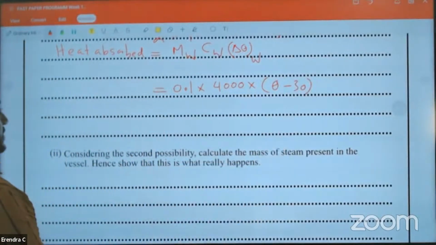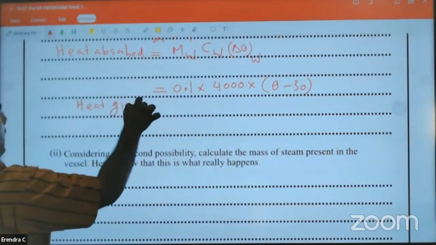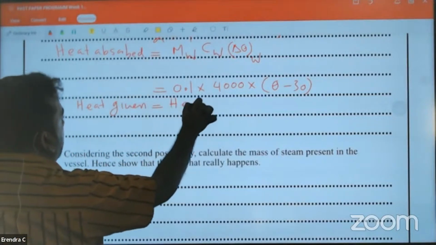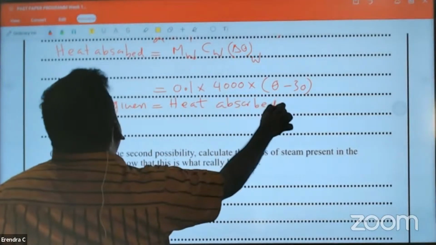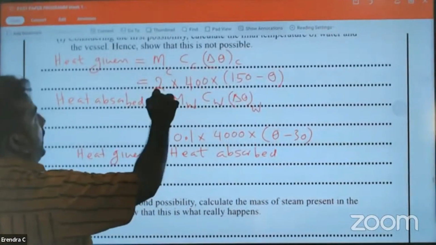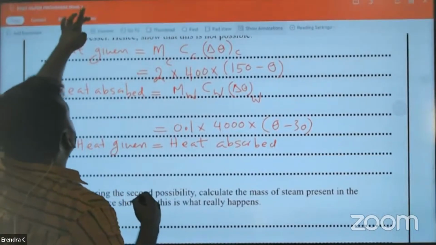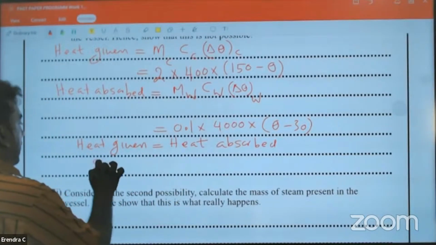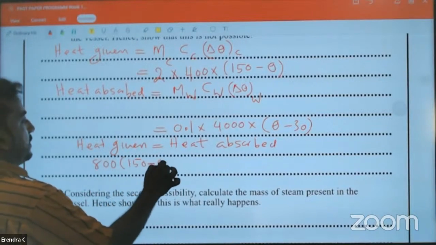No heat loss to the surroundings. Heat given equals heat absorbed. Let's see below what is heat given. We have calculated no. 800 into 150 minus theta.